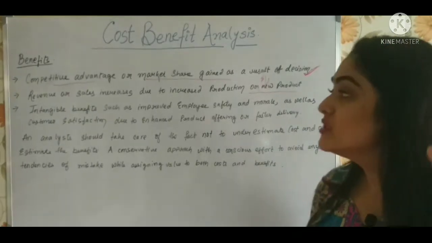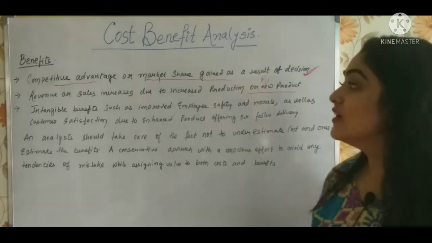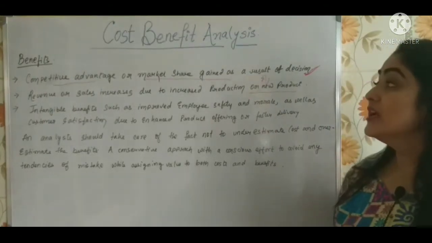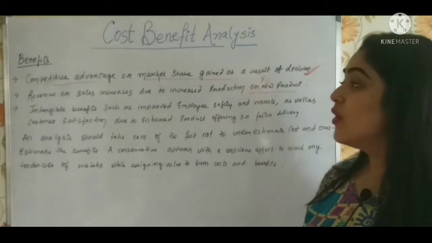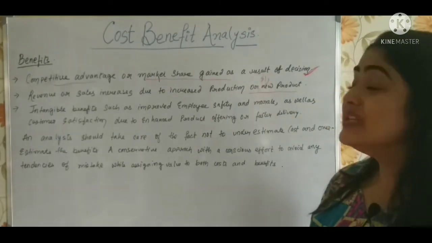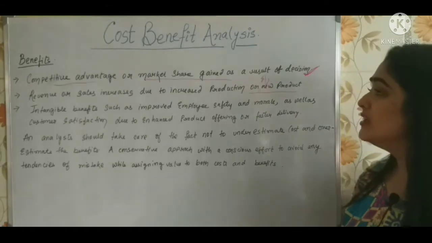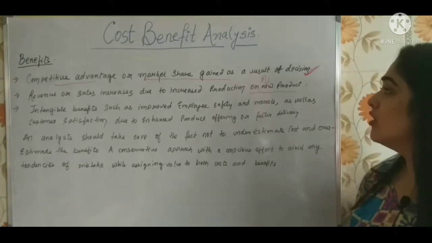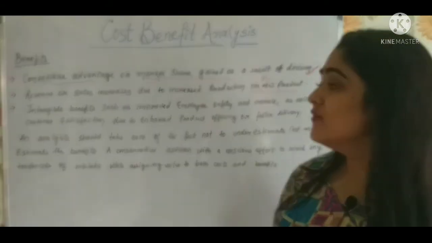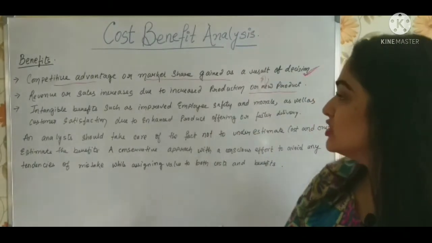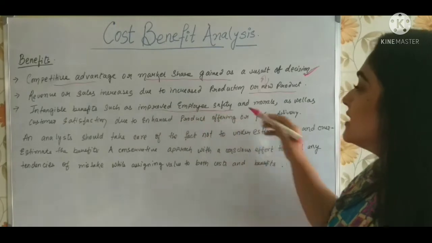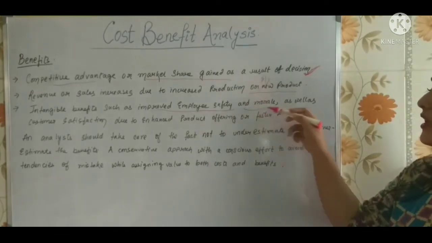So the first thing we read is competitive advantage or market share gained as a result of a decision. The second thing is revenue or sales increases due to increased productivity, increased production or a new product. Then we have intangible benefits that should also be included, such as improved employee safety and morale.